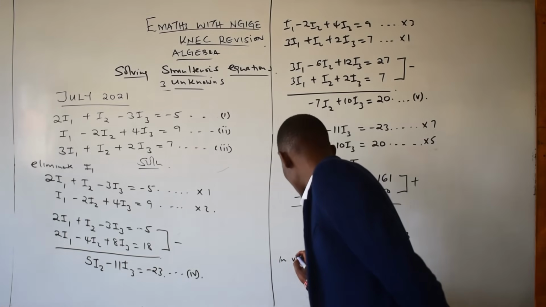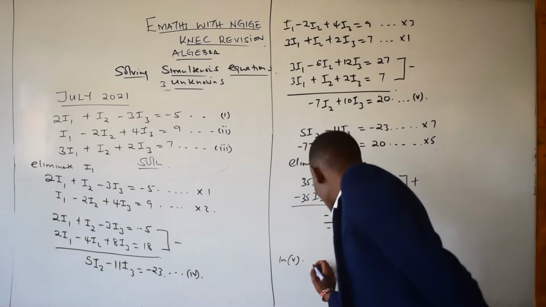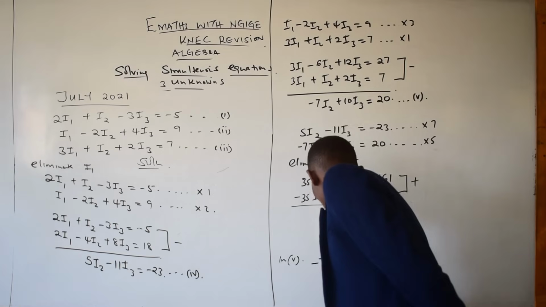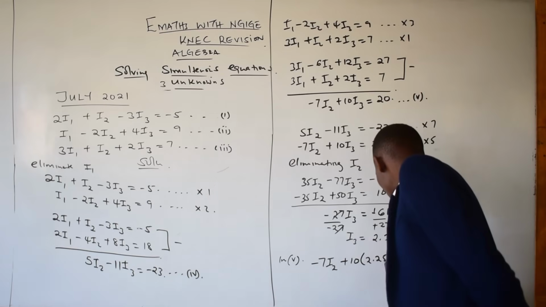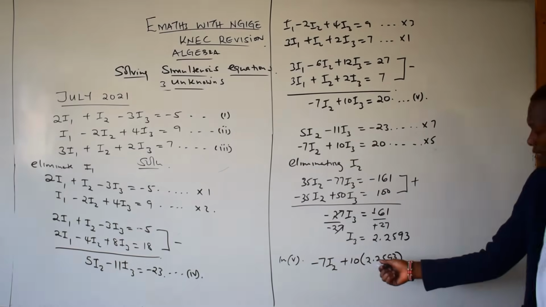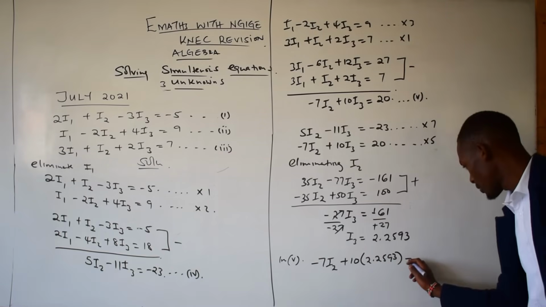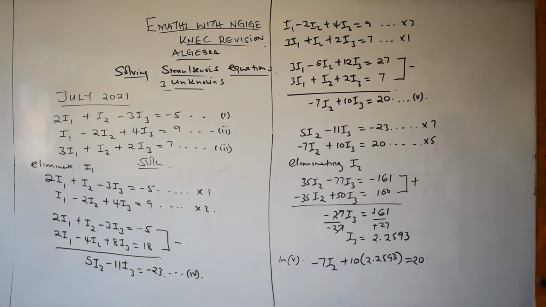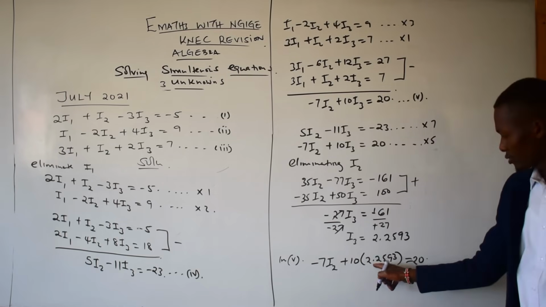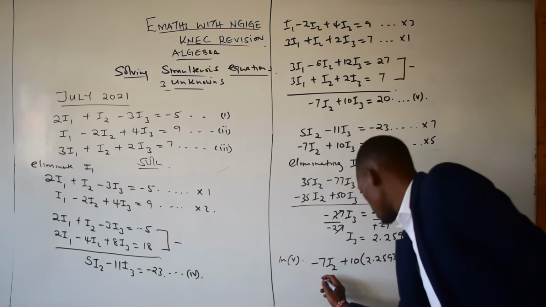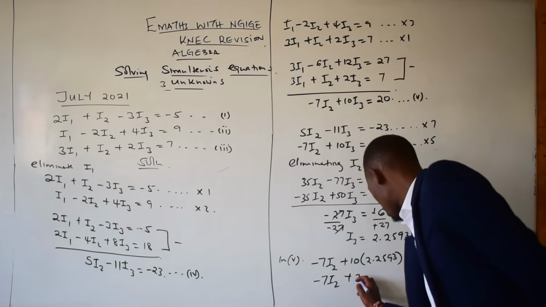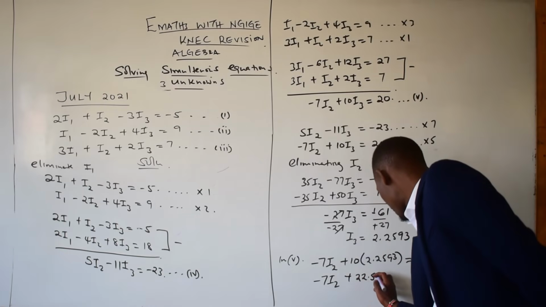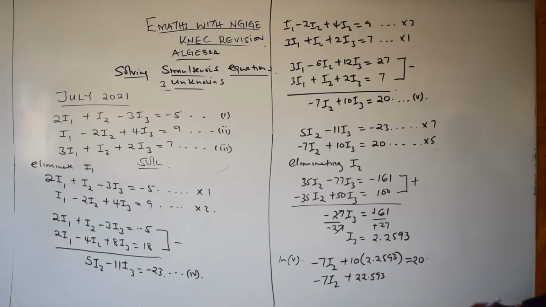So in 5 we have negative 7I2 plus 10 times 2.2593, equals 20. Now 10 times 2.2593 moves the decimal one place, giving 22.593. So negative 7I2 plus 22.593 equals 20.